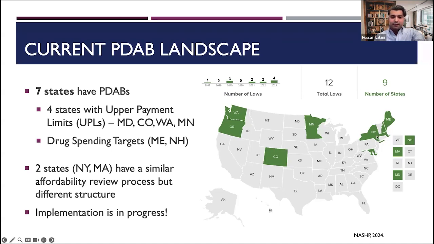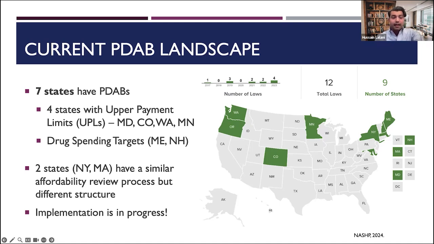And for the purpose of this talk, you can sort of exclude New York and Massachusetts. They have a slightly different type of affordability review process that is not a formal PDAB per se. But of the 7 states, so we have Washington, Oregon, Minnesota, Colorado, Maryland, Maine, and New Hampshire, 4 of those states, namely Colorado, Maryland, Washington, and Minnesota, have the ability to set this upper payment limit, that really key policy tool that we talked about.